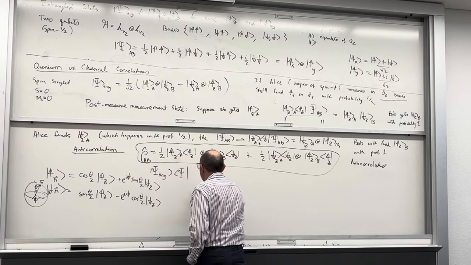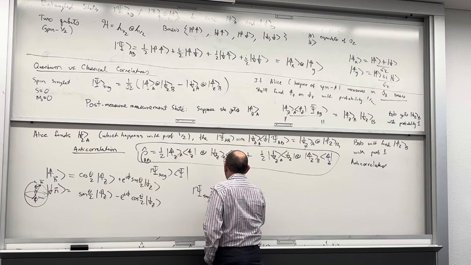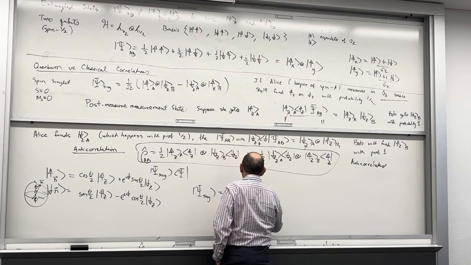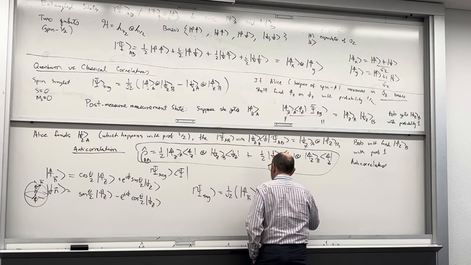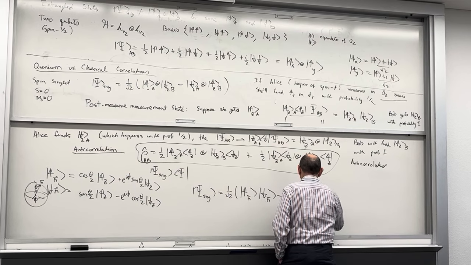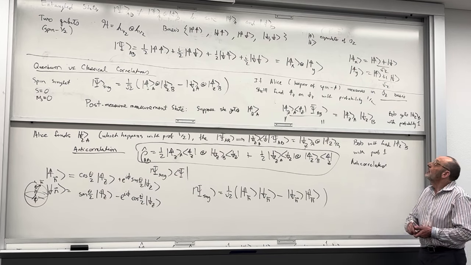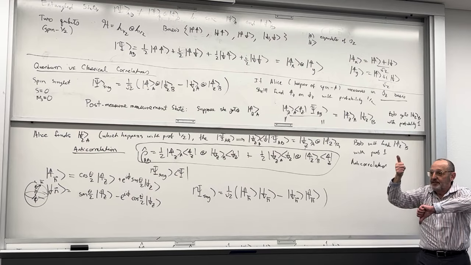And the singlet state is anti-correlated along any direction in space, not just along the z-axis. So no matter what direction I measured, I would find this anti-correlation.